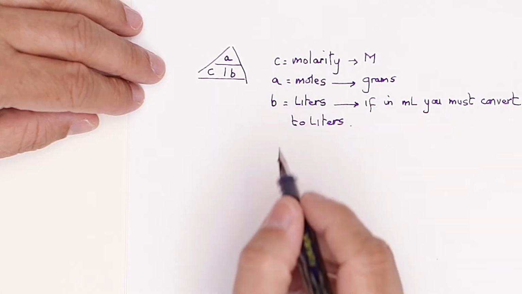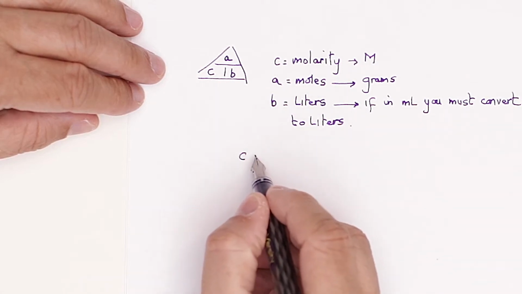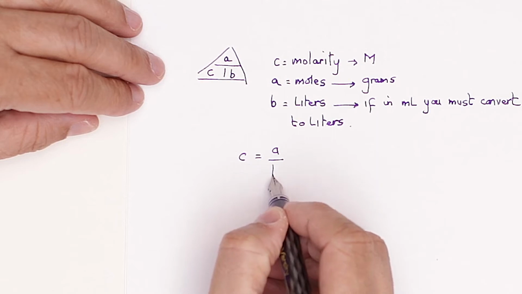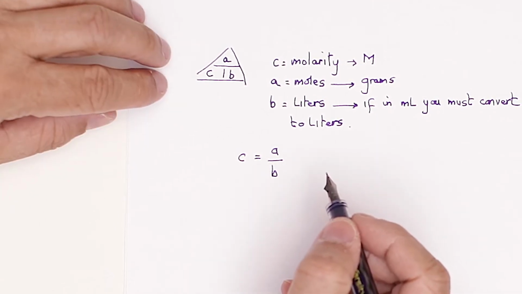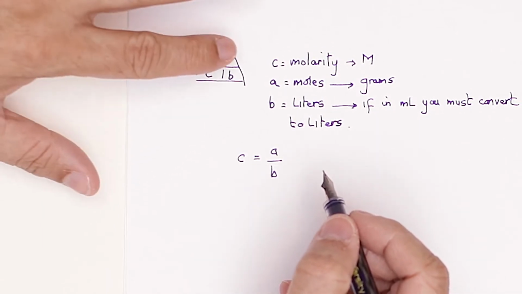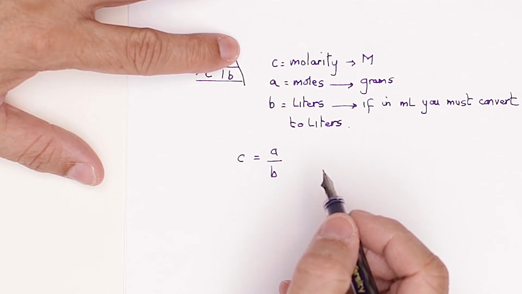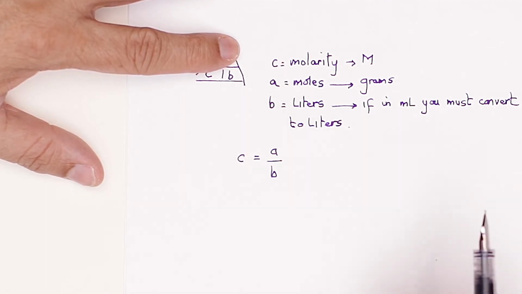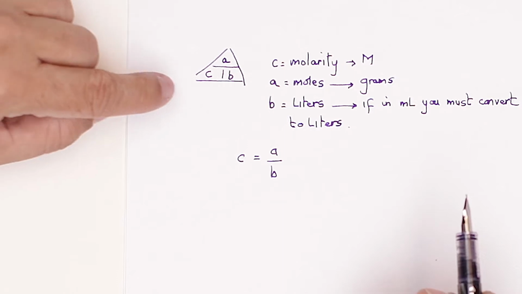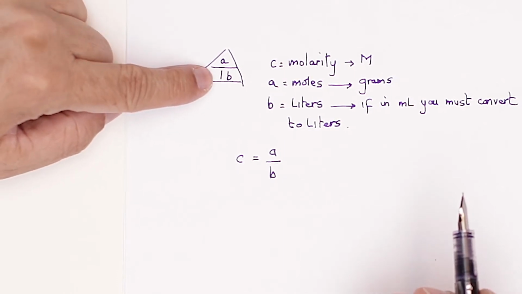So the formula is C is equal to A divided by B. Now, I use the cab analogy because if you are looking for moles, just cover up A, and it's C multiplied by B. If you're looking for molarity, it's moles divided by liters.